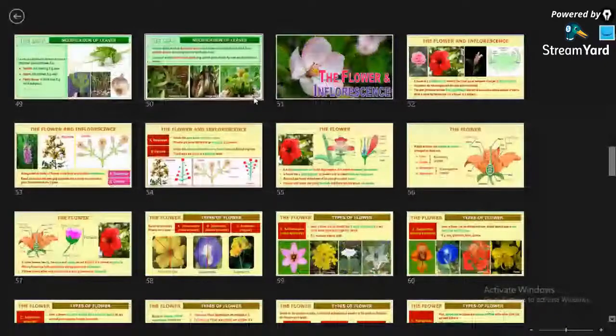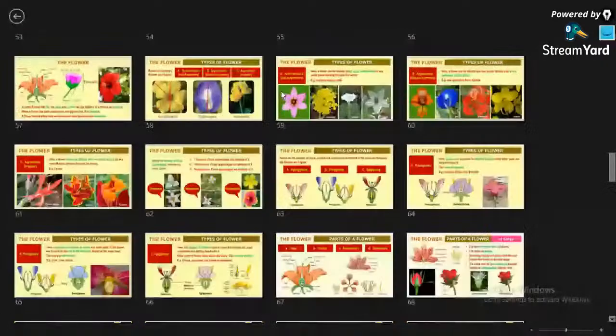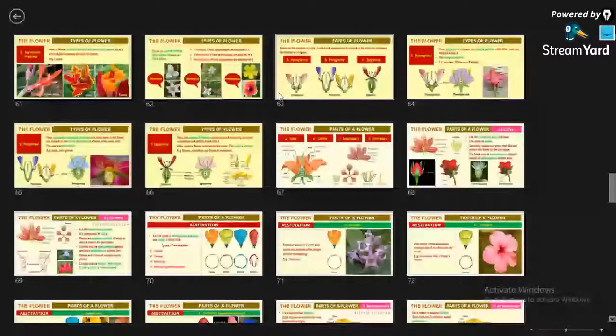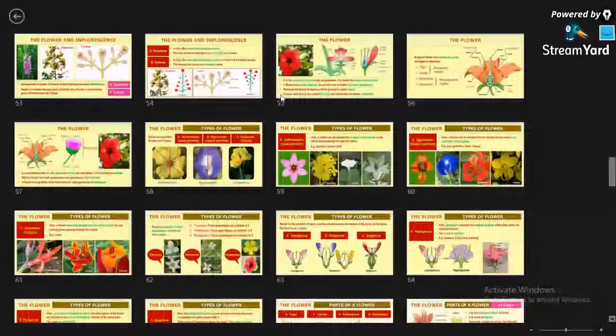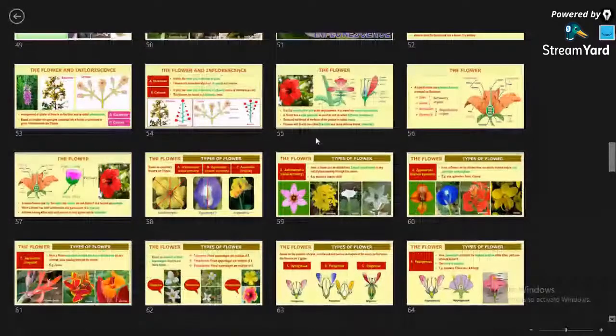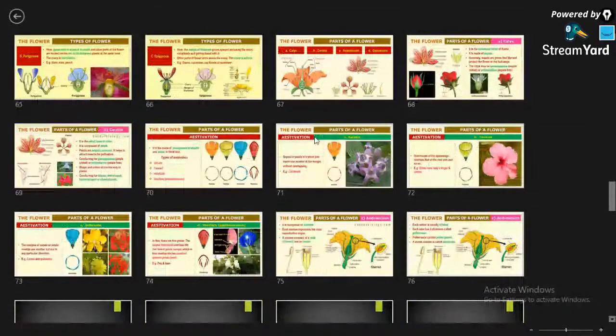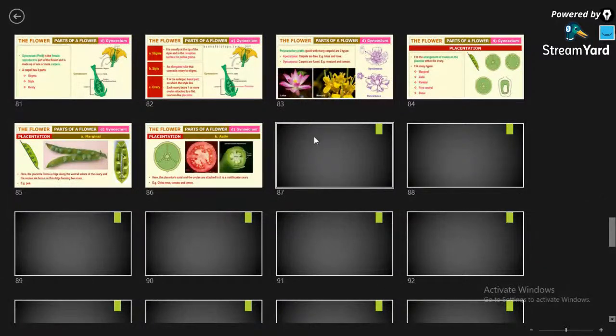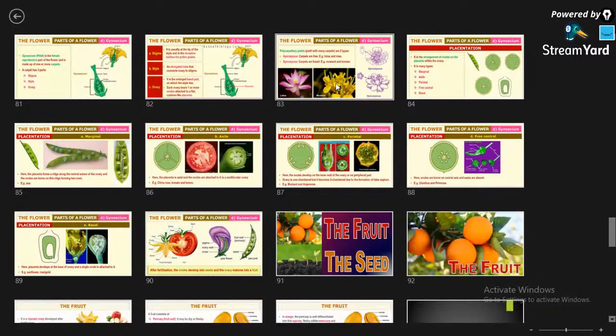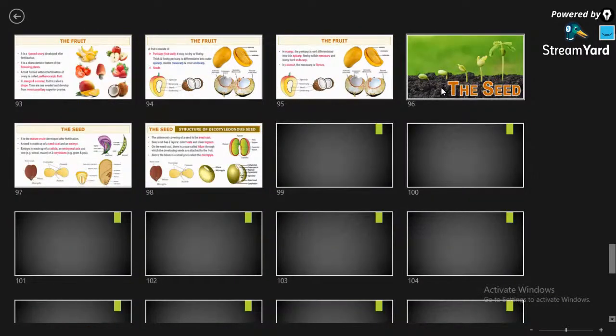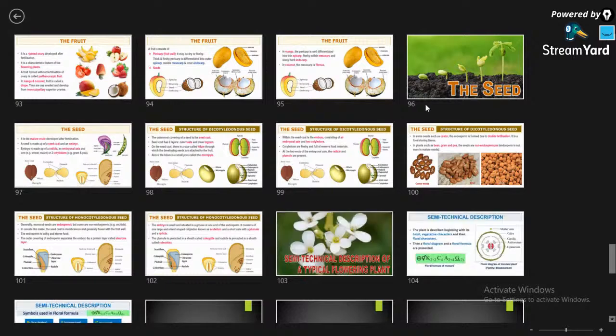Then from 51 onwards the flower starts, and we would end the session with the flower. It's a very lengthy part, 54 to 90 you have the flower. Then you have to study the fruit, only 3 slides, then the seeds, then certain typical families.